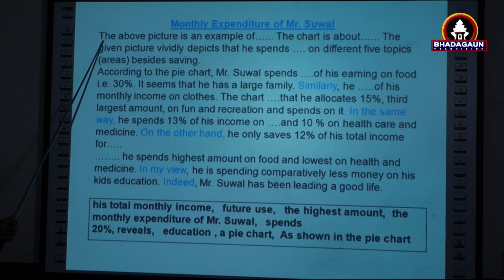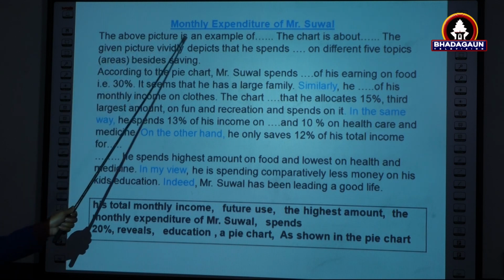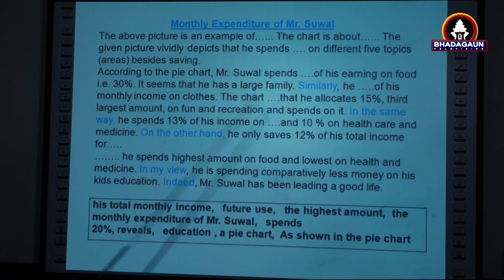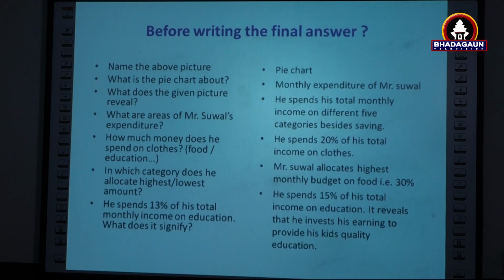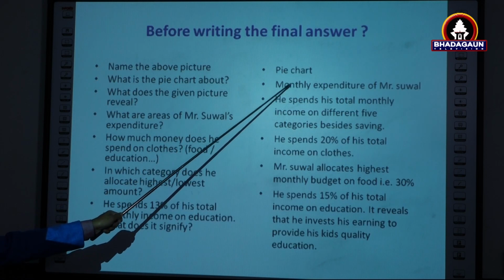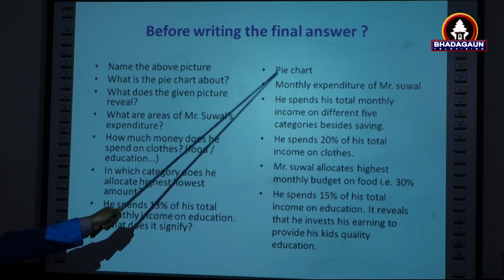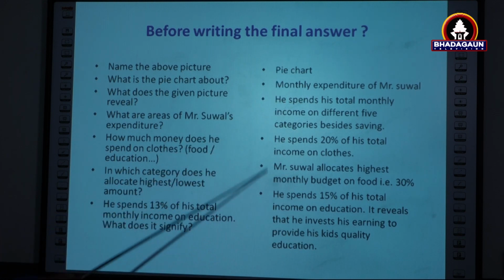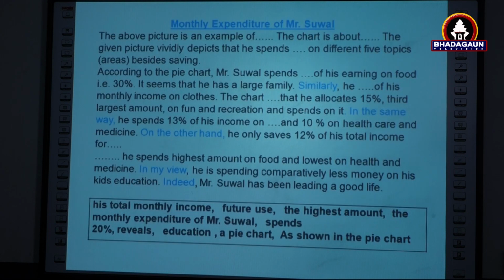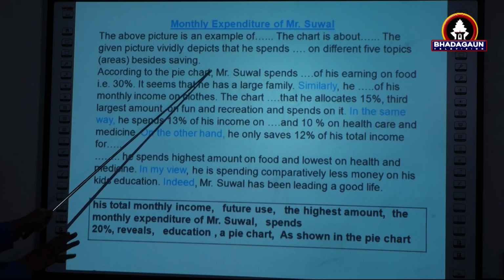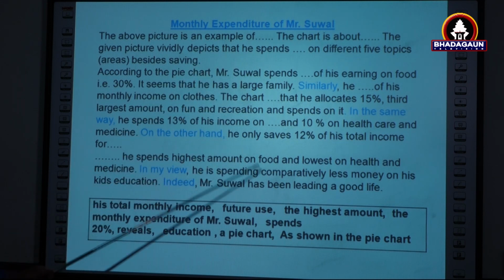So here we can say this above picture is an example of a pie chart. So before that, let's see here: pie chart, monthly expenditure, spends, total, all these ideas are written here. Not only that, all these ideas were presented here in a logical form. So here I have highlighted some of the words.